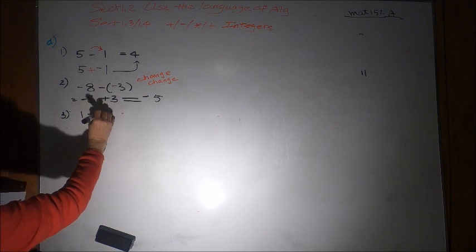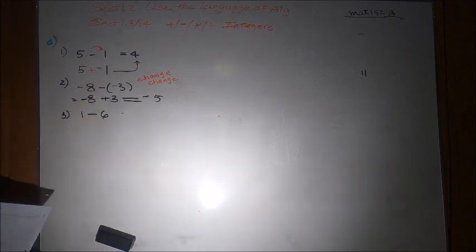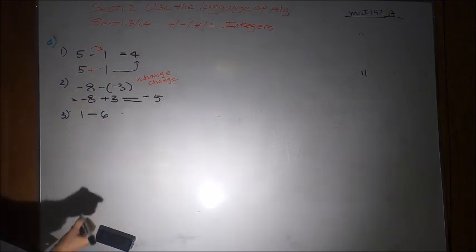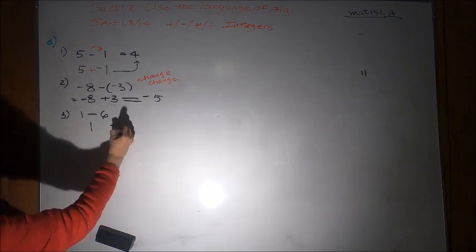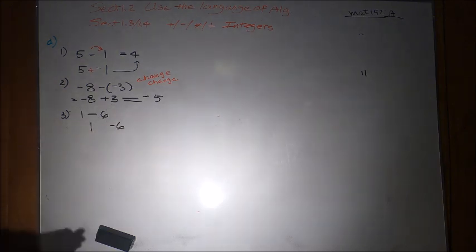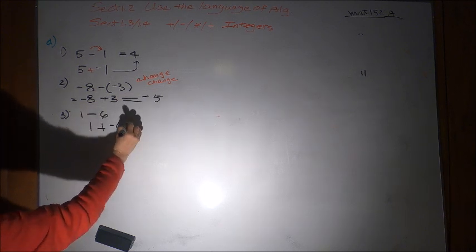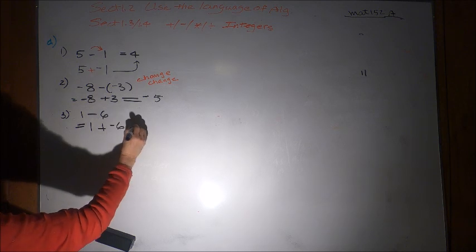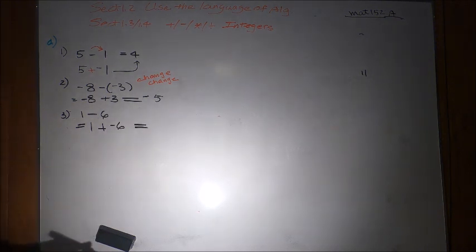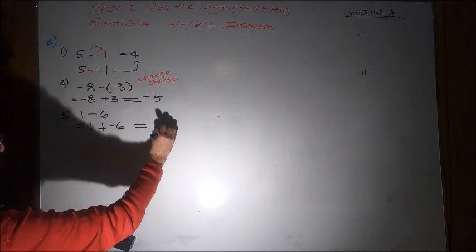If 1 minus 6, what does that mean? It means the first number is 1, the second number is a negative 6, right? You are going to combine them. Then, what do we have? Difference, 6 and 1 is 5.